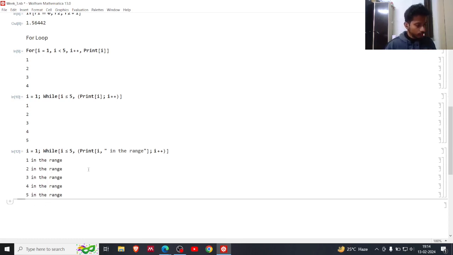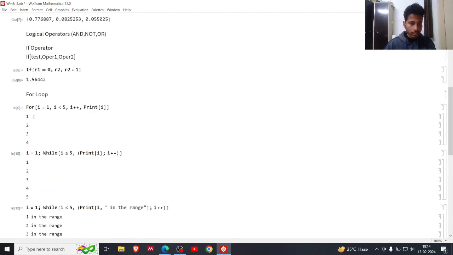So if one needs to place several operators in the body of the loop, one can do so by just separating them with a semicolon. The same comment applies to the while loop. So this is basically a way of using the while loop, and this is the way of using if loop, and this is for loop.